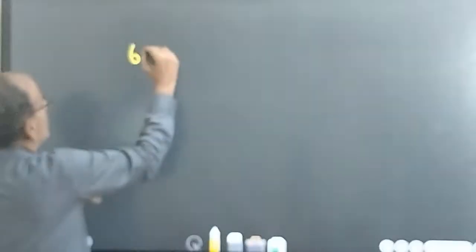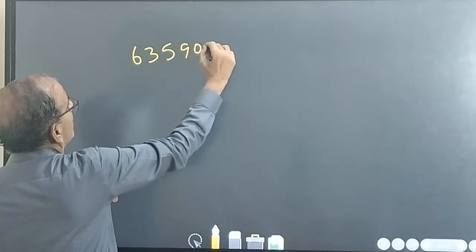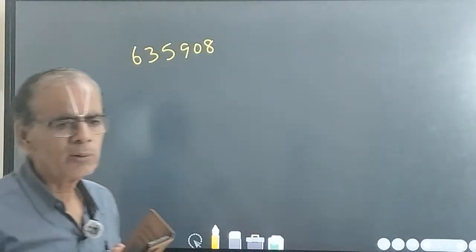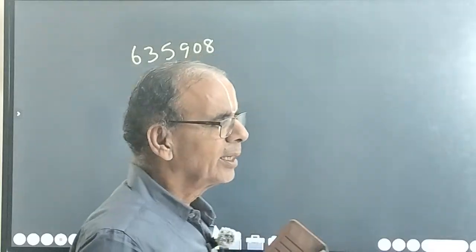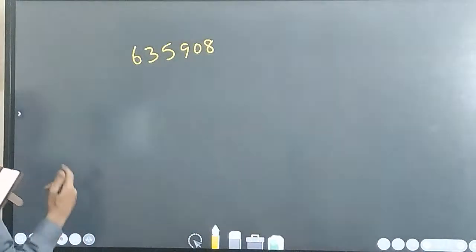Now suppose a number is there, 635 908. 2 4 6 8 க்கெல்லாம் பார்த்தோம், 3 6 9 க்கு பார்த்துட்டோம், 11 க்கு பார்த்துட்டோம்.